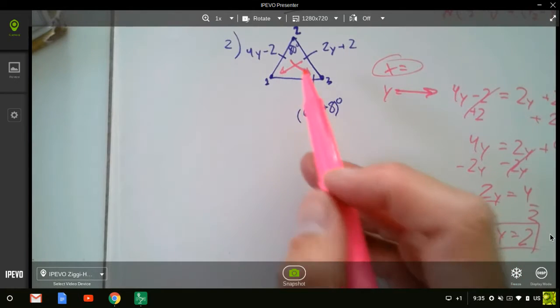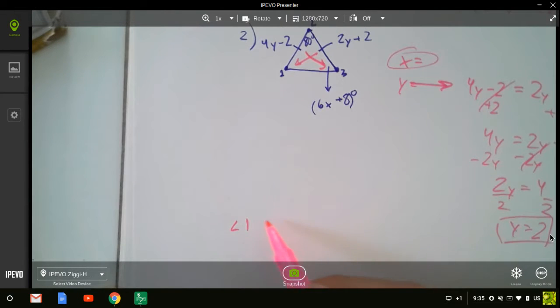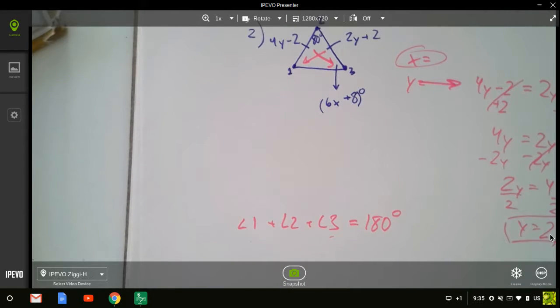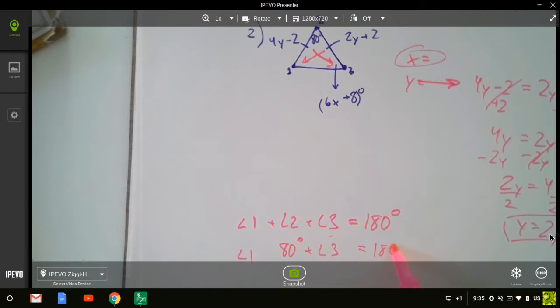So if we were to look at this triangle, we would say angle 1 plus angle 2 plus angle 3 should equal 180 because of the triangle angle sum theorem, right? Can we substitute in any values so far? Angle 2 is definitely 80, right? So that gives us angle 3 and angle 1. Okay.